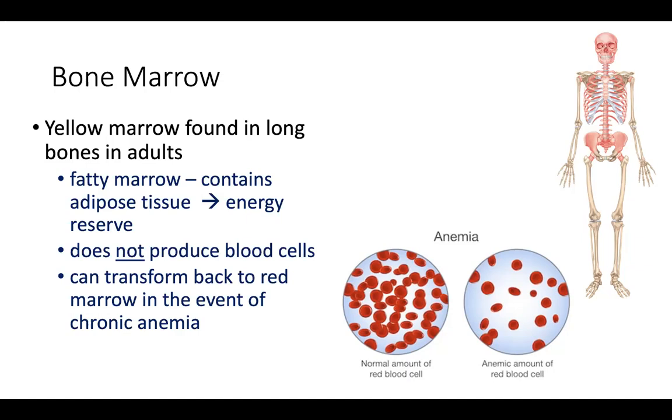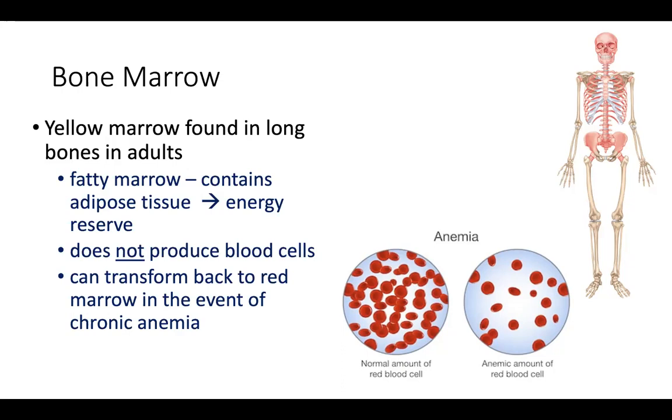In extreme circumstances of anemia, so if you're anemic, you don't have enough red blood cells to carry oxygen around your body, which can make you really tired and lethargic and kind of feel overall not so great. So with anemia, fewer red blood cells means less oxygen to parts of your body. So in extreme cases of anemia, the yellow bone marrow will actually turn back into red, and then it'll start producing blood cells, which is pretty crazy.